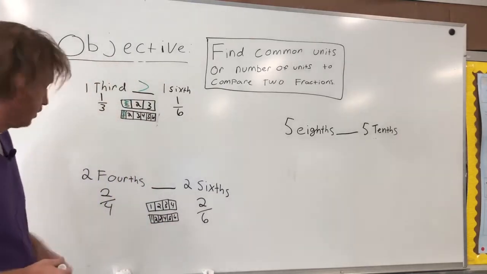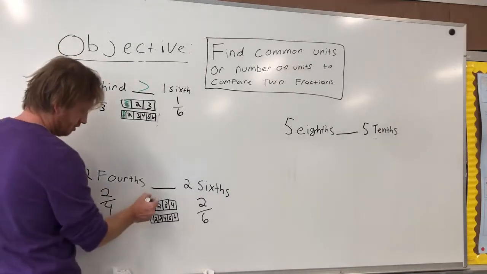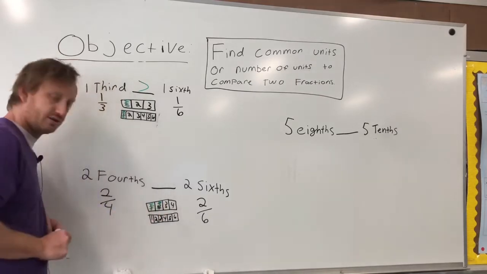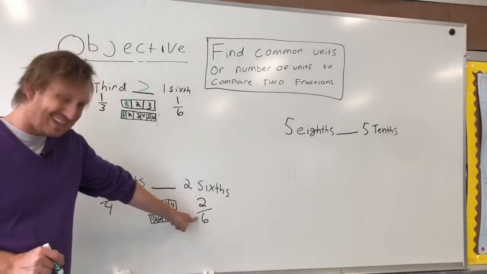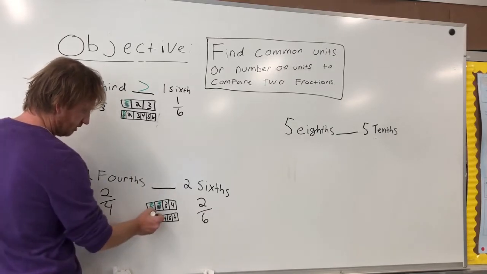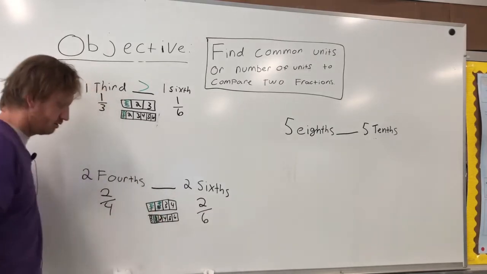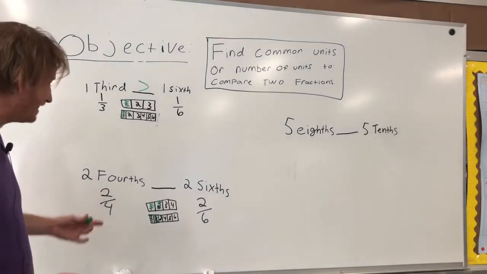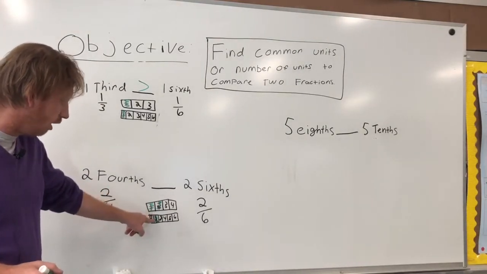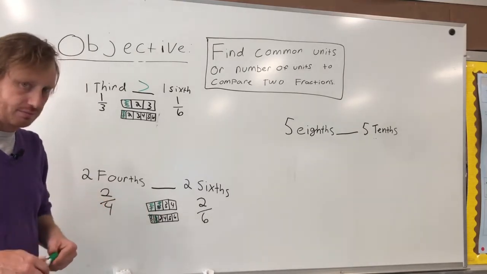All right, so 2/4 is all of this and all of this, while 2/6 is only this and this. So we can clearly see that 2/4 is more than 2/6.